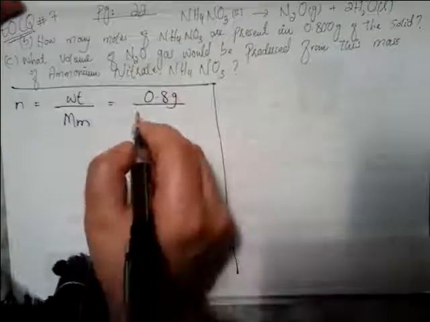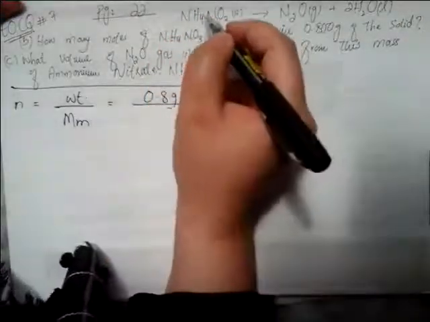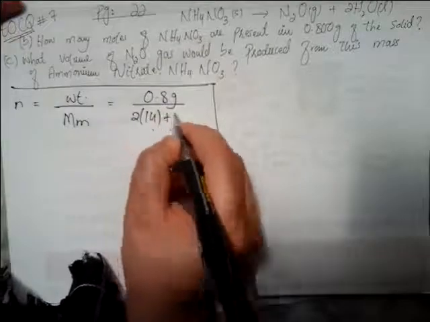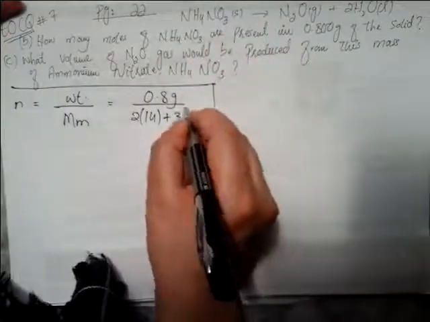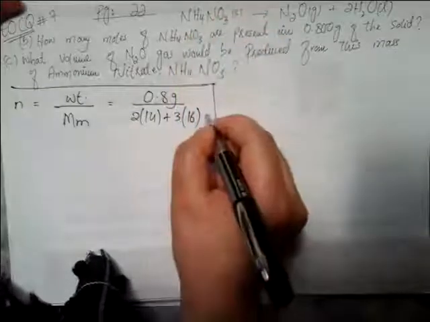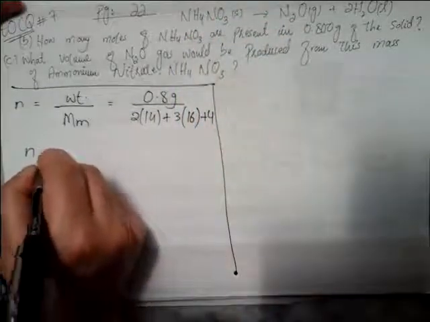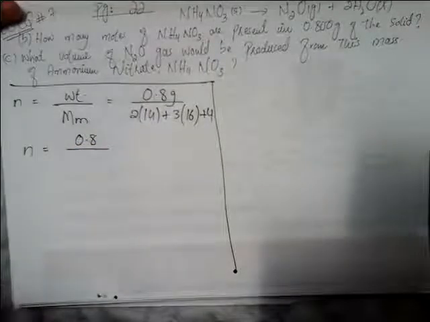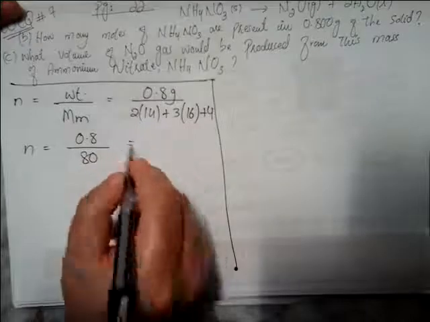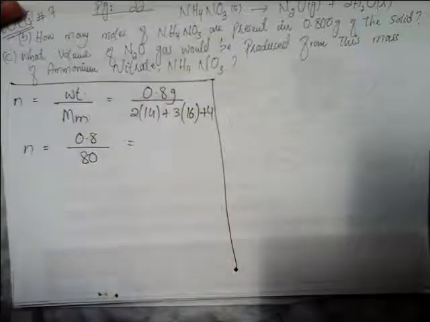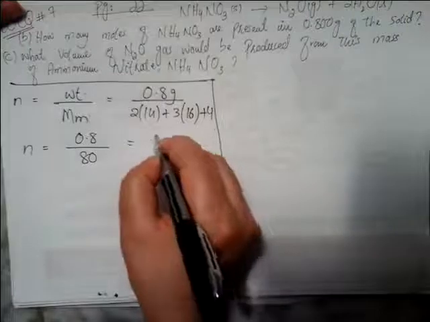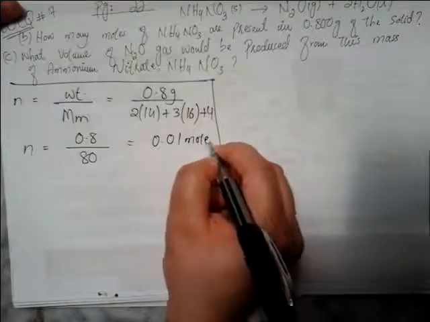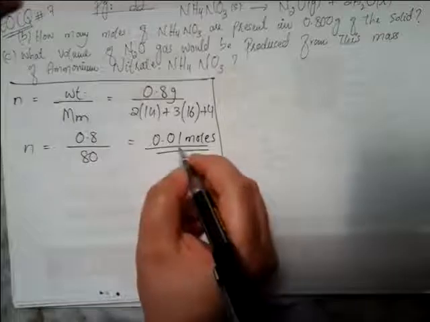For the molar mass, the mass of nitrogen is 14 and there are 2 nitrogen, plus 3 oxygen, 16, plus 4 hydrogen. So moles would become 0.8 divided by 14 multiplied by 2 plus 3 multiplied by 16 plus 4. It comes out to be 80. So 0.8 divided by 80 comes out to be 0.01 moles. These are the moles of ammonium nitrate.